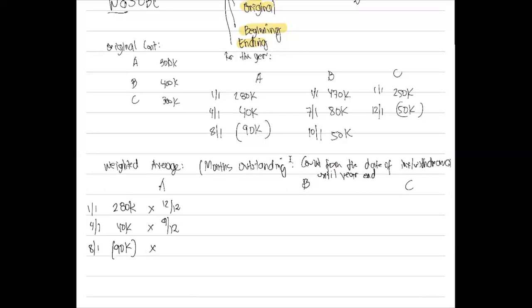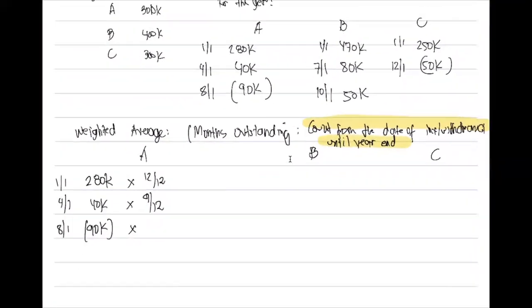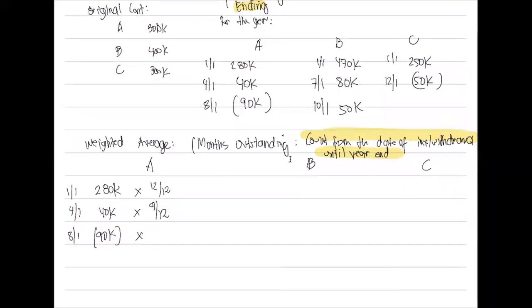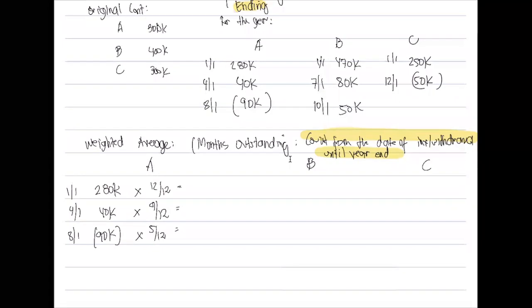Sabi natin, count from the date of investment or withdrawal until year end. So 8-1 until December 31. August, September, October, November, December. 5 months. So this will be 5 over 12. Ganun yan. Tapos, kukunin mo na yung amount niya.